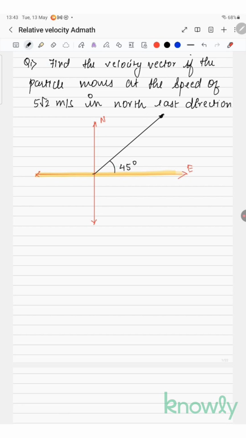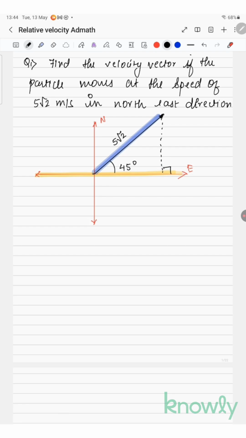So can I say the particle is moving like this, and the speed, this guy over here, is the speed of the particle. So can I say this will be 5 root 2. This is the speed. And now we will draw a right angle triangle over here.